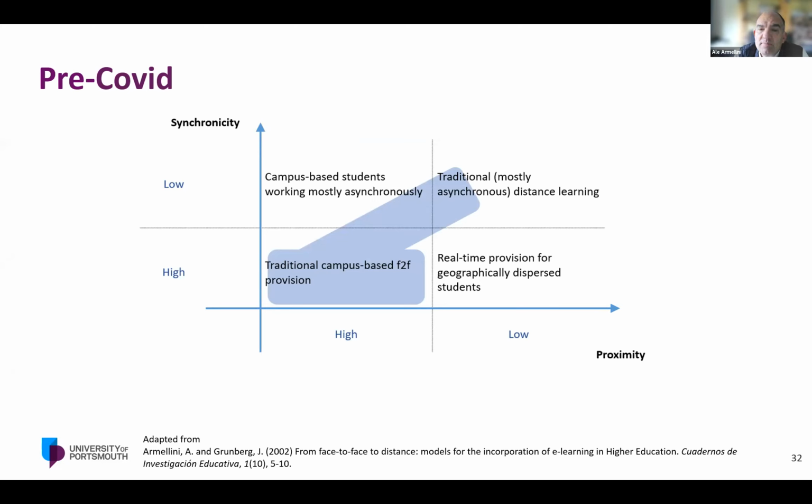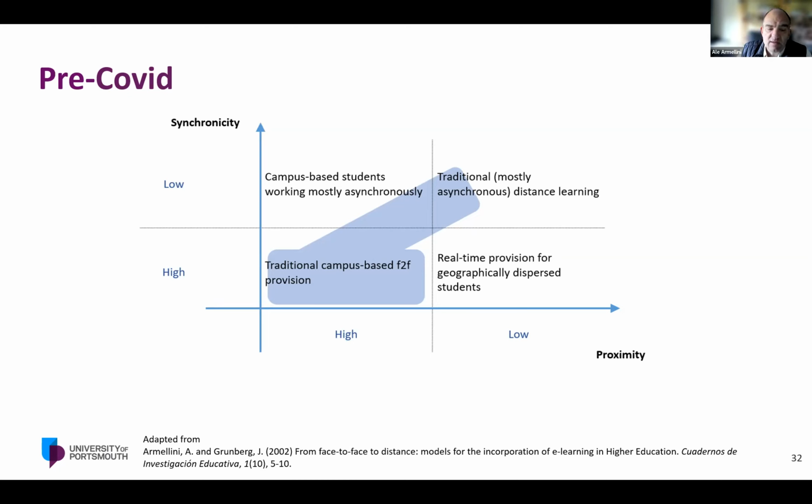And the main business of campus-based universities was very much the traditional campus-based face-to-face provision. So high proximity, high synchronicity. We were all doing bits of the other quadrants, but particularly our focus was bottom left, high synchronicity, high proximity.